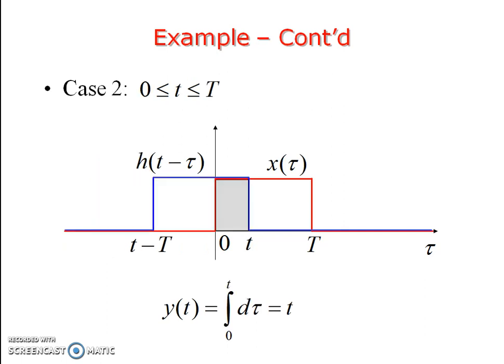Case number 2, here we consider t in between 0 and capital T, where the multiplication of both signals exists in between 0 to t.